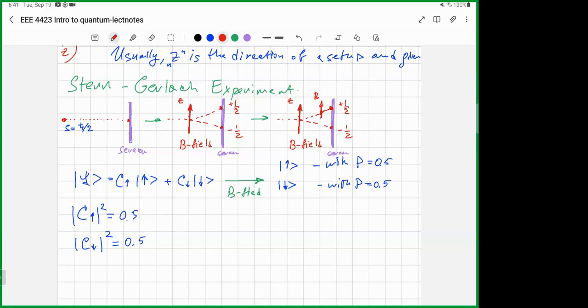This additional magnetic field doesn't create any other spots, and at the same time, it also means that there are only two possible orientations of the spin.